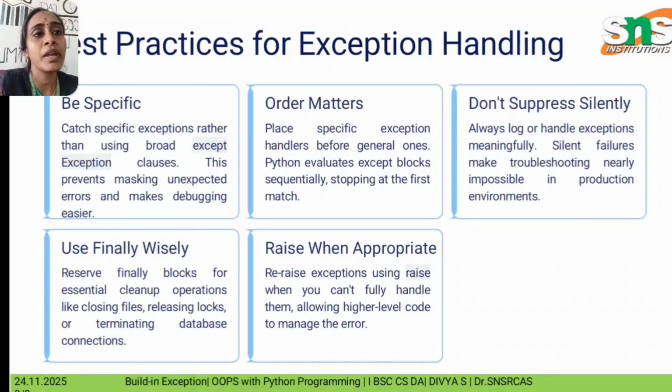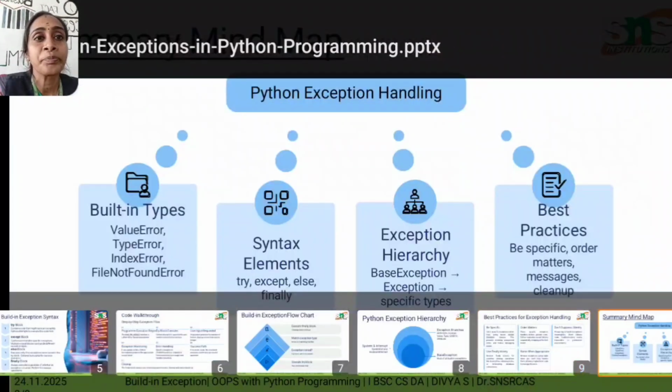Silent failures make troubleshooting nearly impossible in production environments. Use finally wisely: reserve finally blocks for essential cleanup operations like closing files, releasing locks and terminating database connections. Finally, raise when appropriate: re-raise the exception using raise when you can't handle it, allowing higher-level code to manage the error.